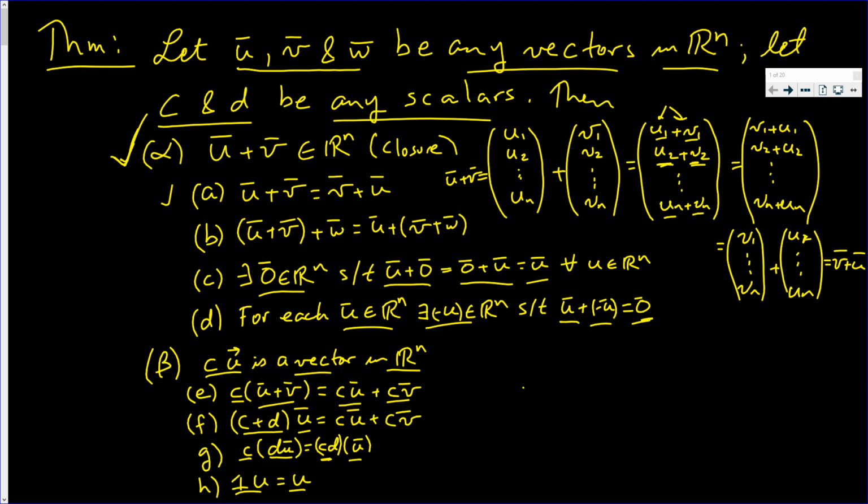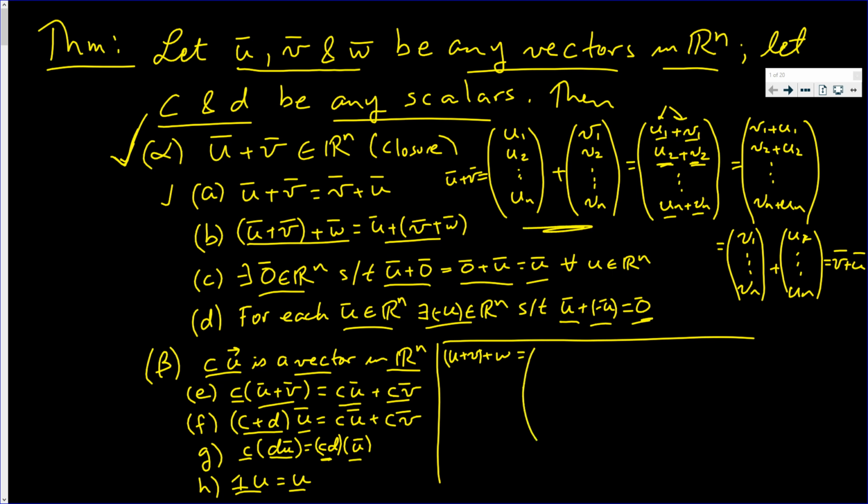I proved alpha and A. Now, the commutative law. I'll try to do that down here. I meant to say the associative law. So you have u plus v in brackets plus w. Well, we know what u plus v in brackets is.